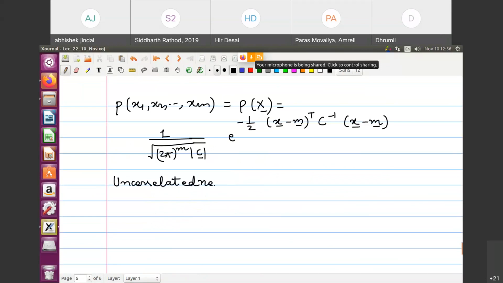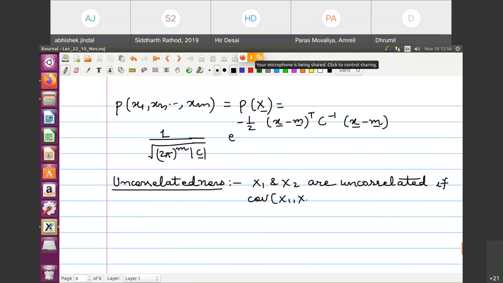Uncorrelatedness. Two random variables x1 and x2 are uncorrelated if the covariance of x1 and x2 is equal to 0. Now, one important thing: if x1 and x2 are independent, I think you must know this fact, but I'm just repeating it.